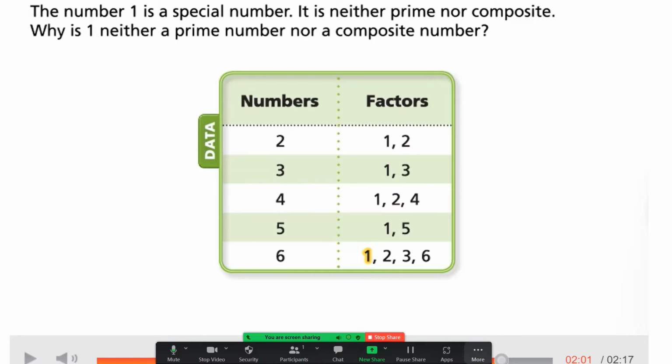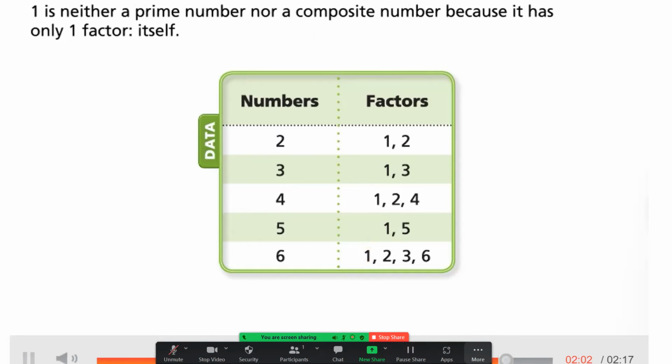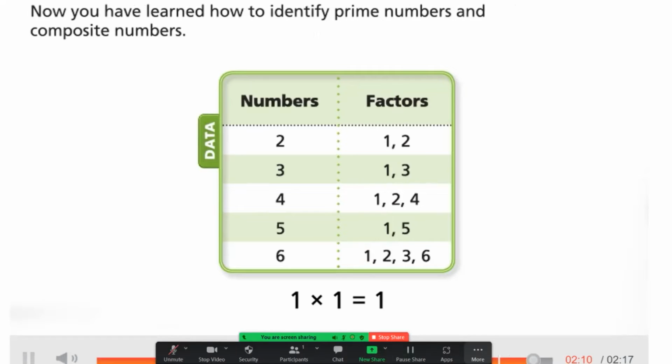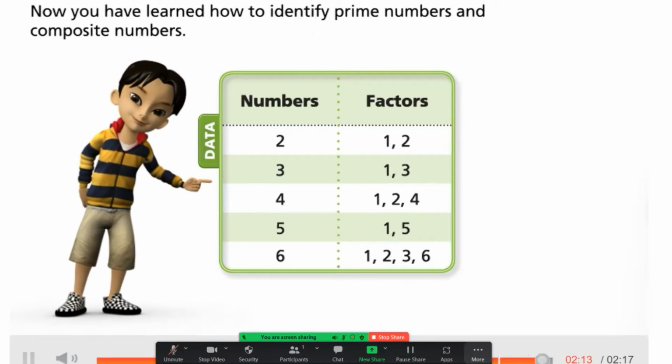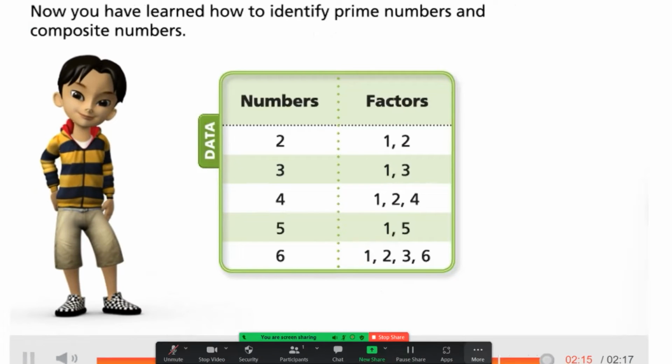It only has one factor, which means it is neither prime nor composite because both of those require you to have at least two factors. 1 is neither a prime number nor a composite number because it has only one factor, itself. Now you have learned how to identify prime numbers and composite numbers.